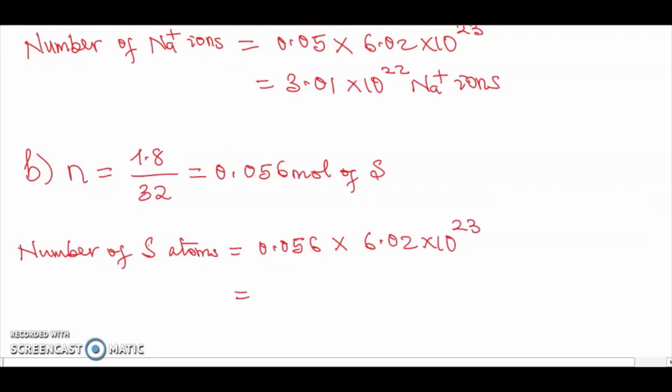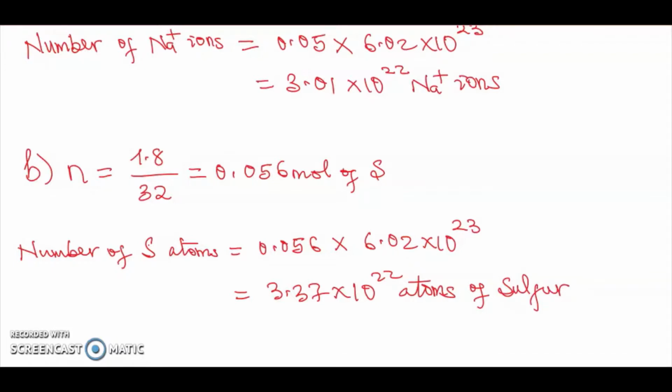What does that give us? 3.37. So that's what it gives us, 3.37 times 10 raised to the power 22 atoms of sulfur.